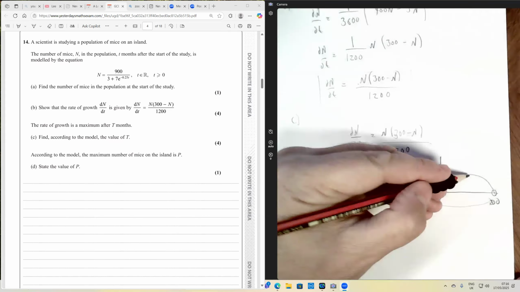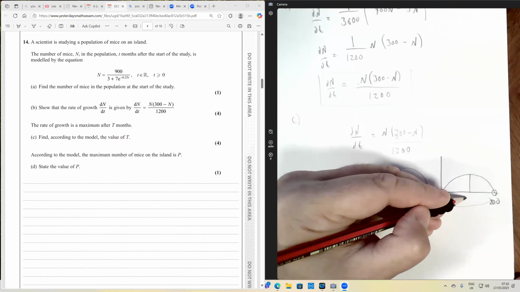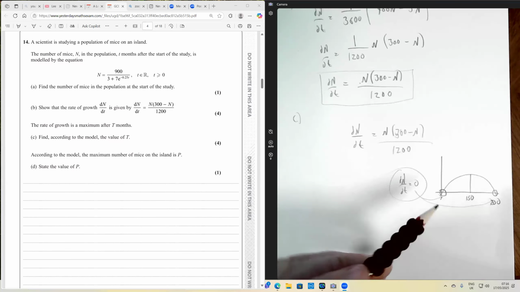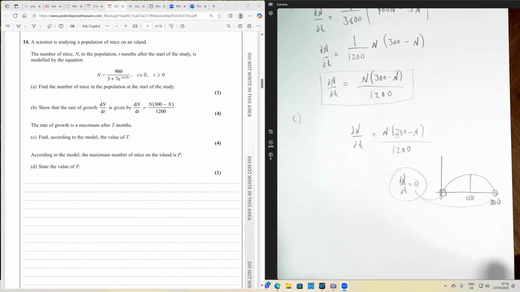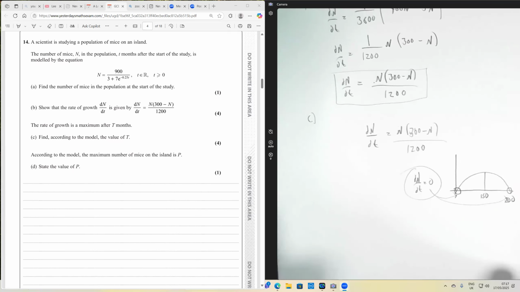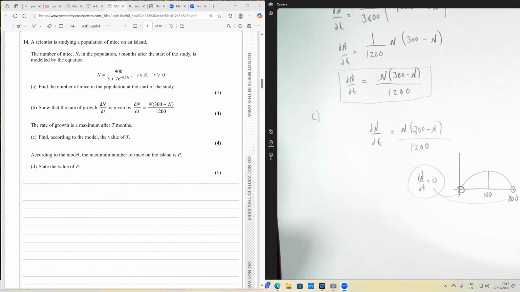And then by symmetry, we can conclude that the maximum growth occurs when n is 150. So the maximum growth occurs when we've got a value of 150, which we conclude by the symmetry of the negative quadratic in the numerator.